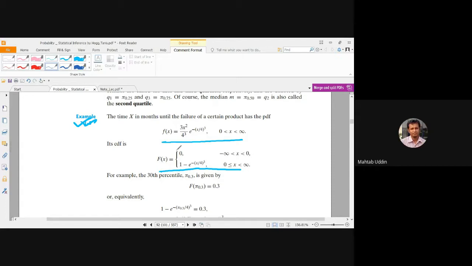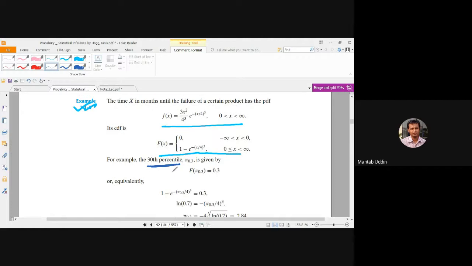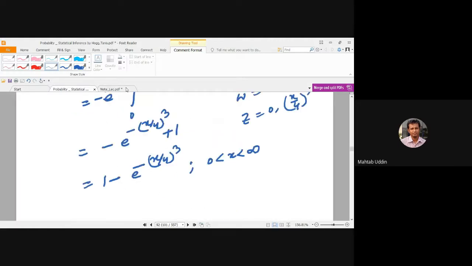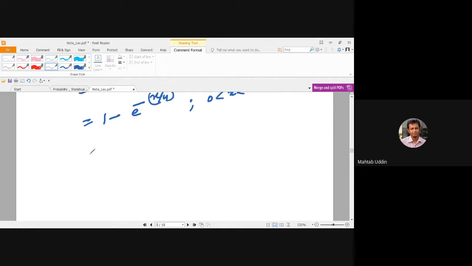Now they want to find the 30th percentile. So what is the probability of the 30th percentile? 0.3.